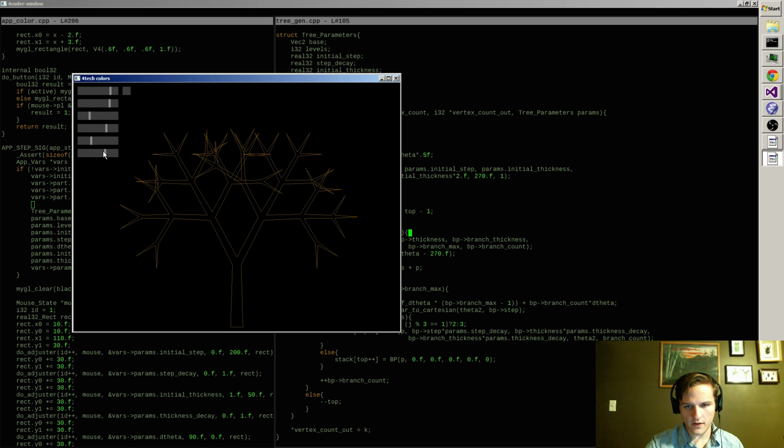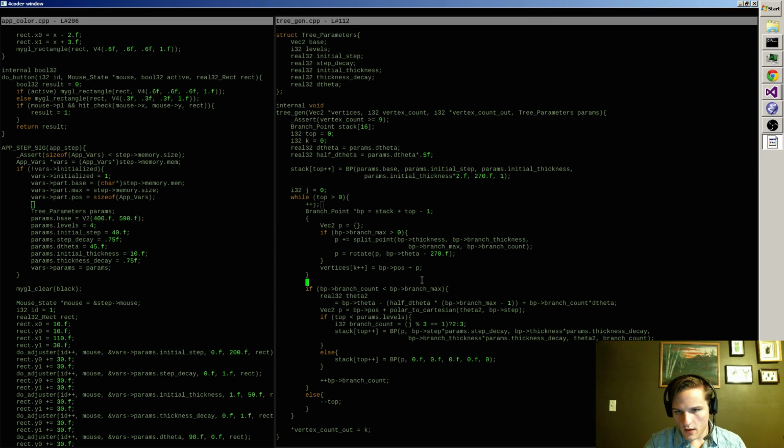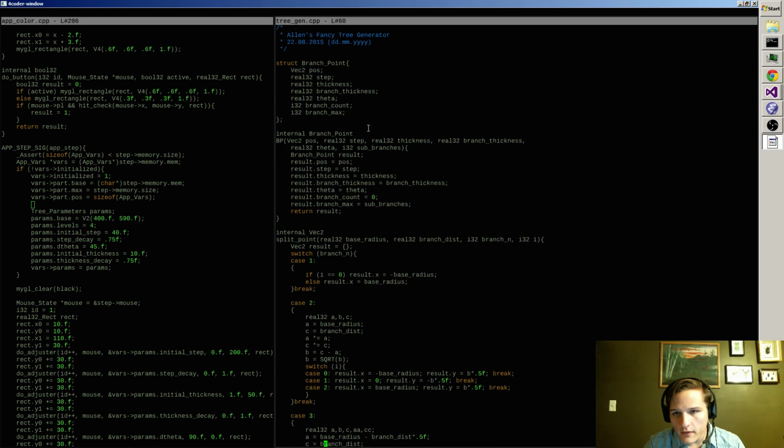Okay, the other thing I should fix is that these sub-branches tend to stay too long. And I'll deal with more irregularity stuff later. So basically, this step decay thing is the thing I have a problem with. It's not fast enough.